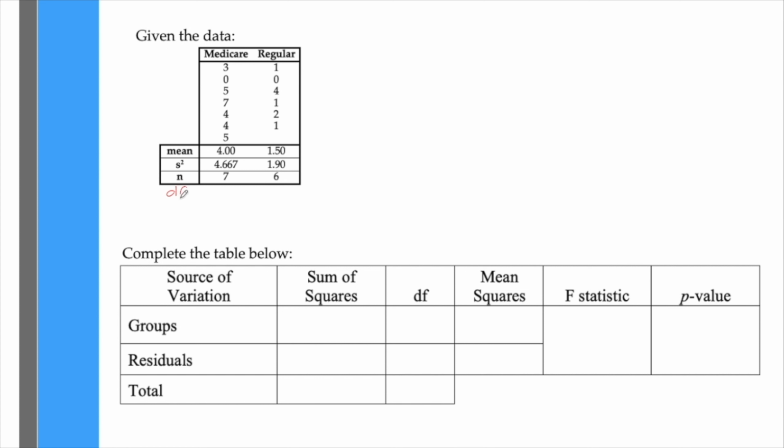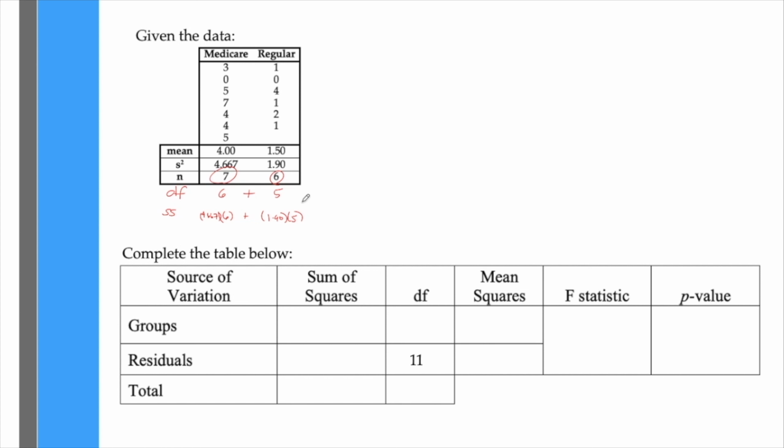A few minutes later. Starting with the degrees of freedom here, 7 minus 1 we have 6, 6 minus 1 we have 5. And adding these 2 we have 11 as the degrees of freedom of the residuals. Next, as for the sum of squares, we have here 4.667 times 6 plus 1.90 times 5.